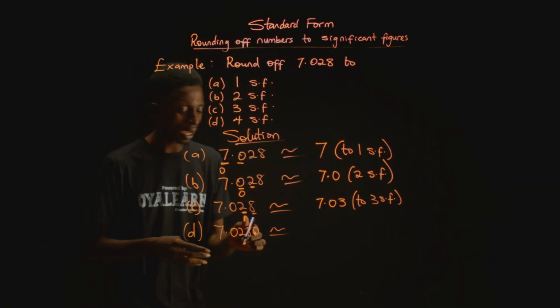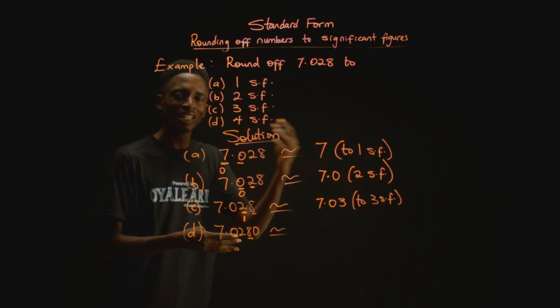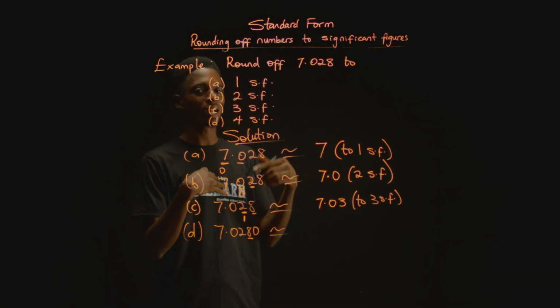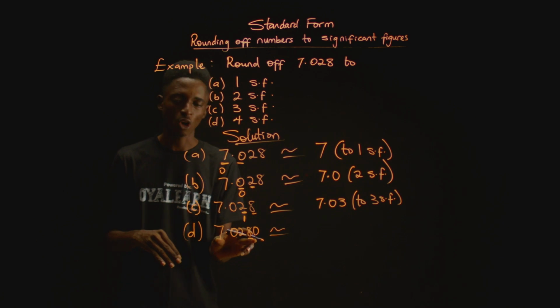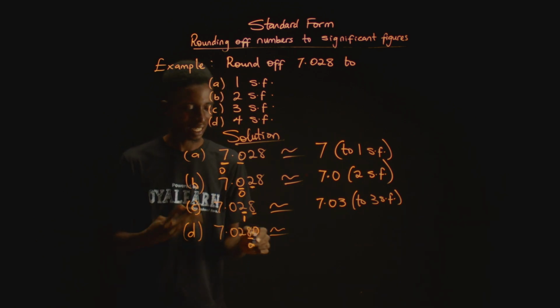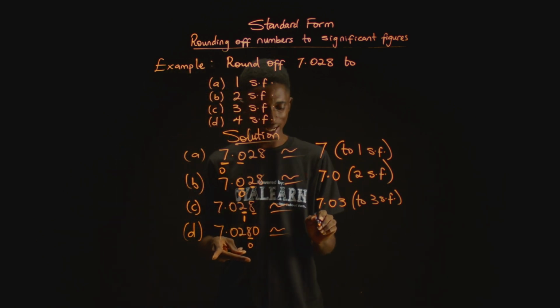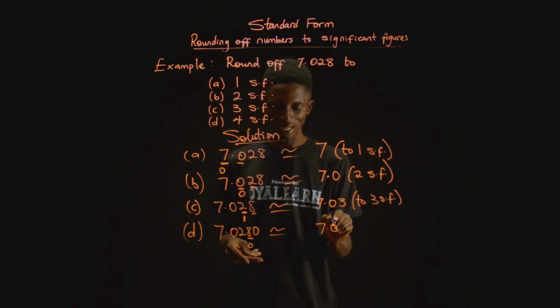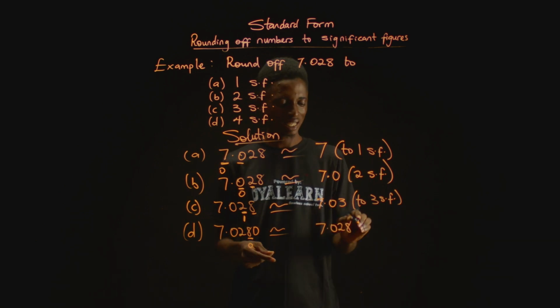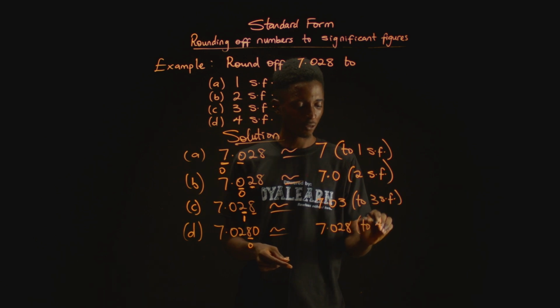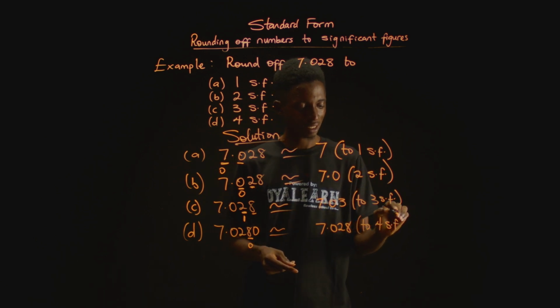Therefore, when we are considering digit 8, the next digit is a 0, so we are going to round down. So it has no effect on this number because we are just adding a 0. And when we do that, we get 7.028. And this is 4 significant figures.